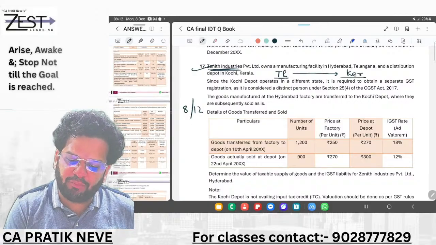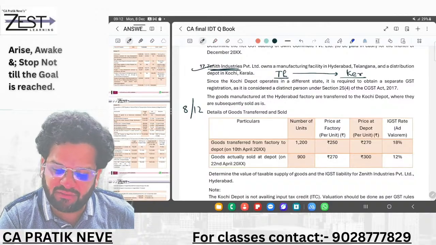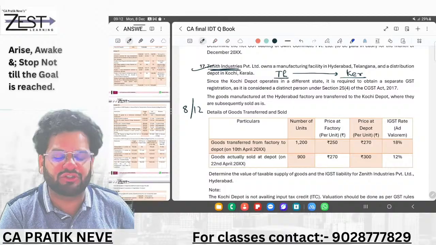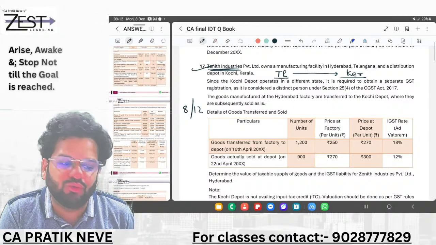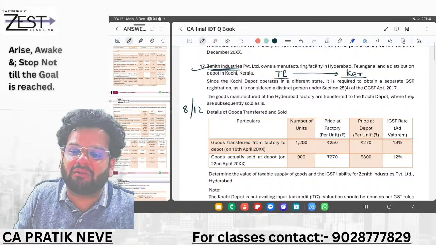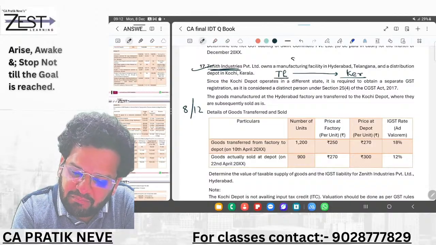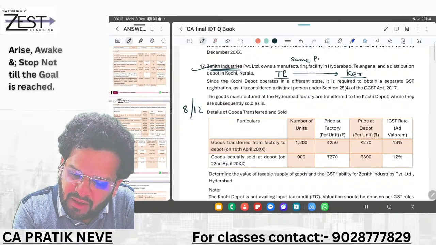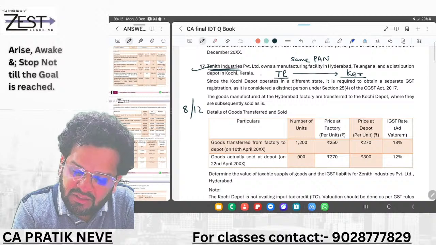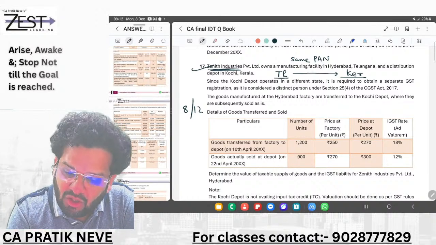Since Kochi depot operates in a different state, it is required to obtain separate registration under GST, of course. And they both, as you know, are treated as distinct persons, means separate persons under GST. Even though they have the same PAN, they have different GST numbers.